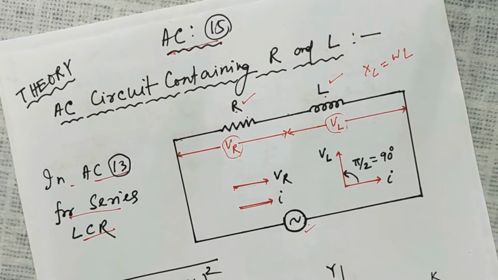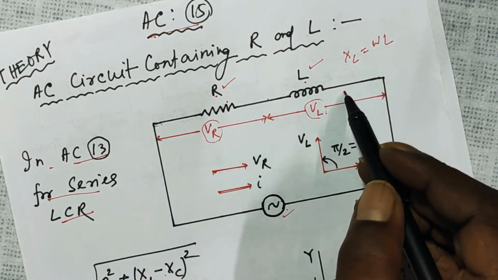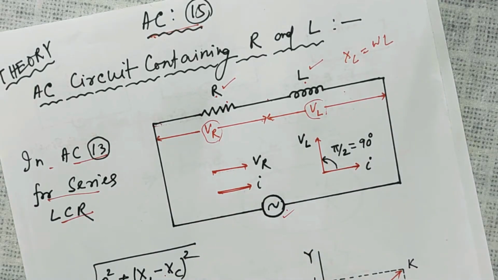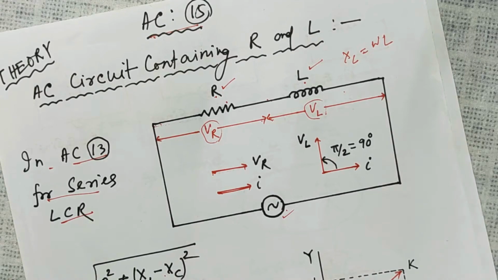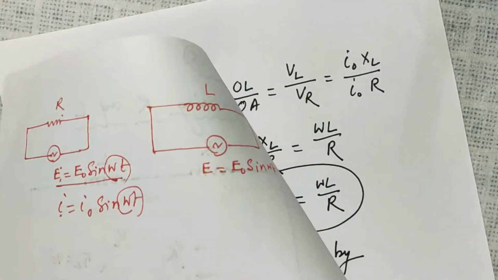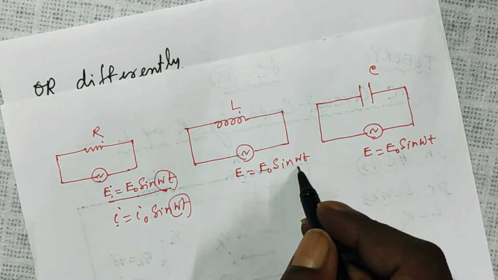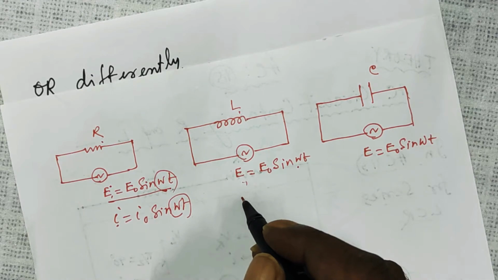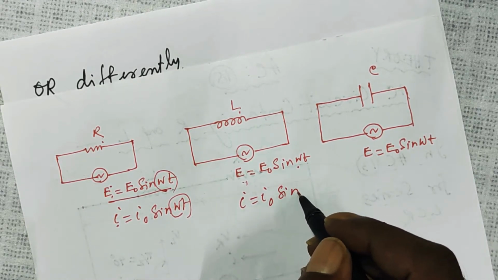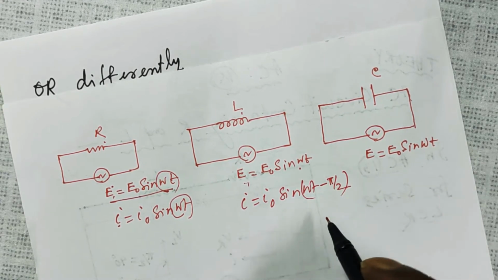And for an inductor, look, they are in series, so the current is the same. Only the direction of voltage has to be considered. For a circuit containing an inductor and alternating EMF, I had derived previously the current as I equal to I naught sin (omega t minus pi by 2).